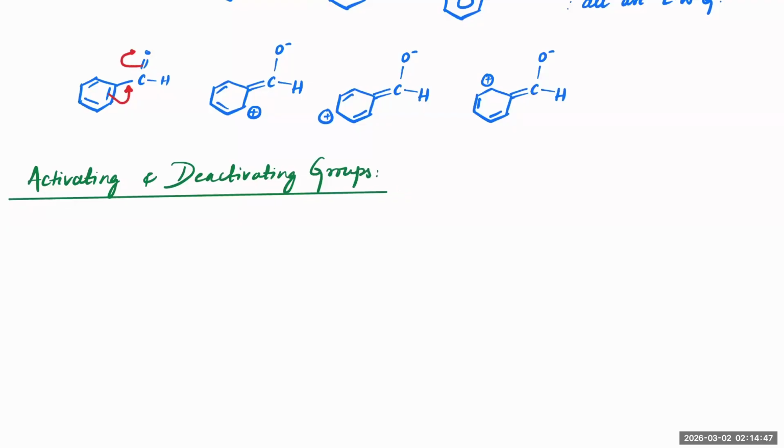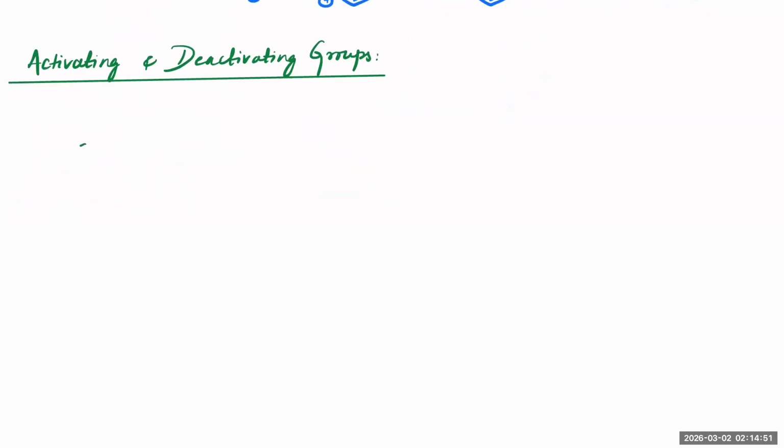On benzene, you can have two types of groups, either activating or deactivating. Simple. If you have a group here and the group is pushing the electrons here, this is an electron donating group. It increases electron density on benzene.